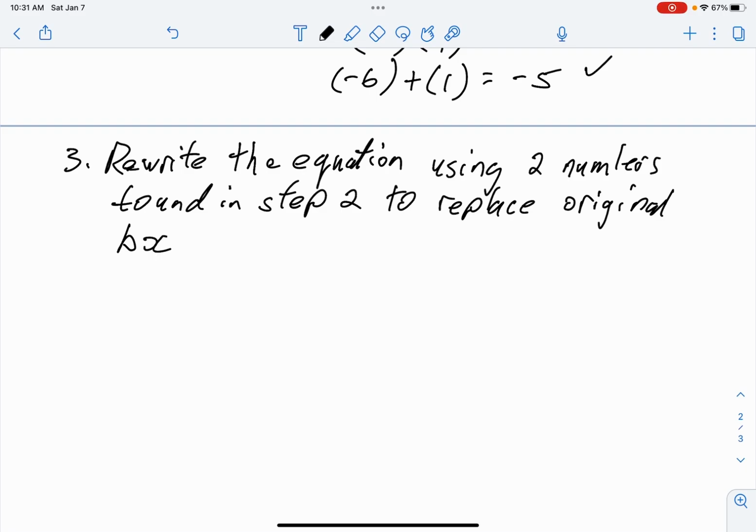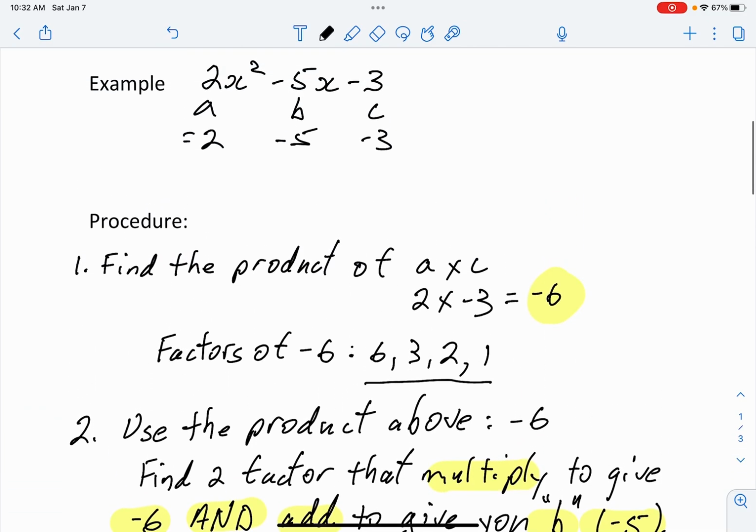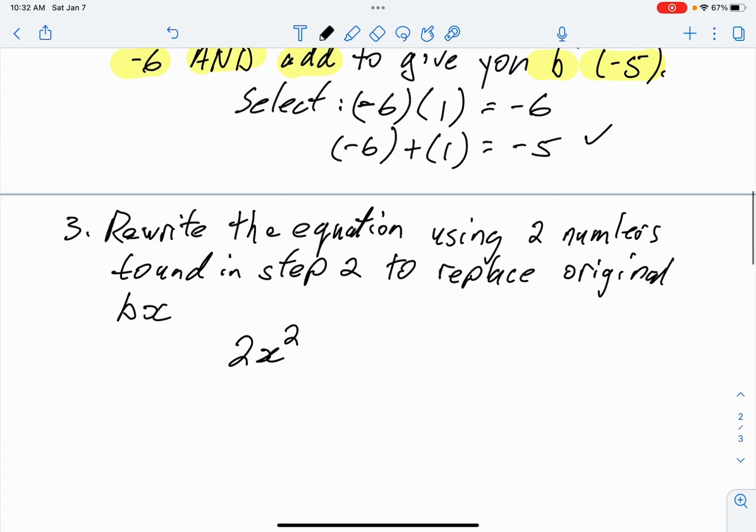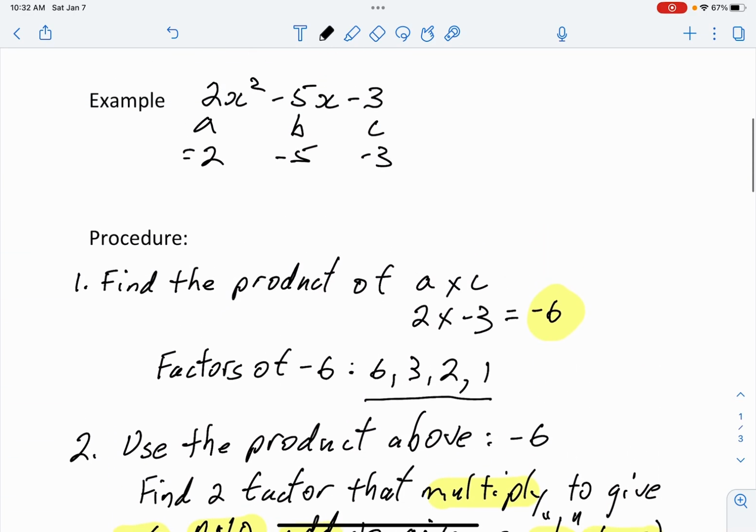If I do that, I'm going to have 2x squared. The original was way up here, minus 5x. I'm going to replace that with these two terms here, minus 6 and 1. So I'm going to go minus 6x plus 1x, minus 3, right? 3 was the original we had, way up there.